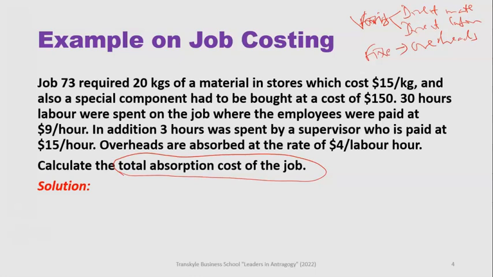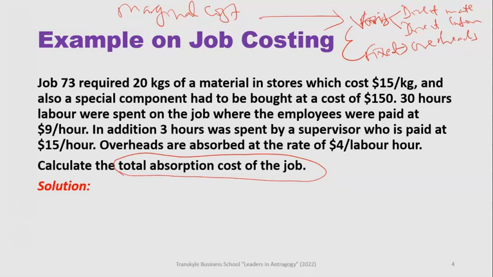So absorption costing is different from its counterpart, marginal costing. Marginal costing only takes into consideration the variable element, but absorption takes both the variable as well as the fixed. So let us calculate this particular job's costs using the absorption costing method.